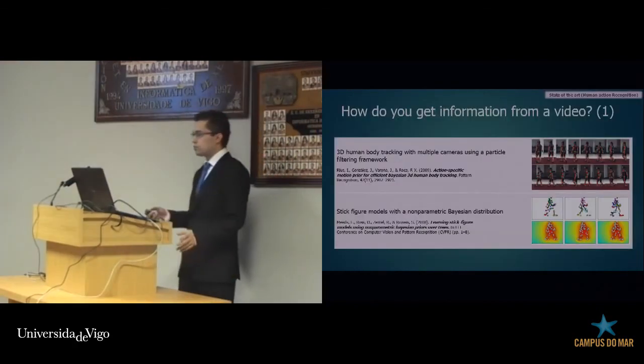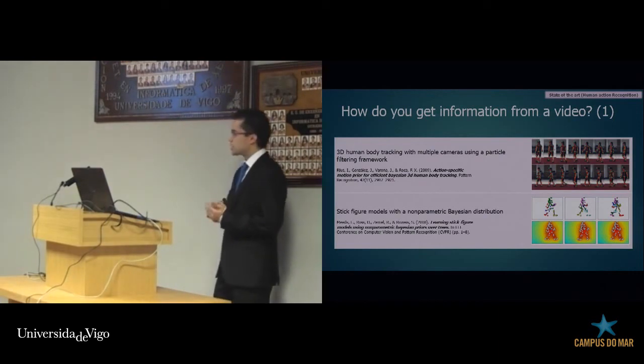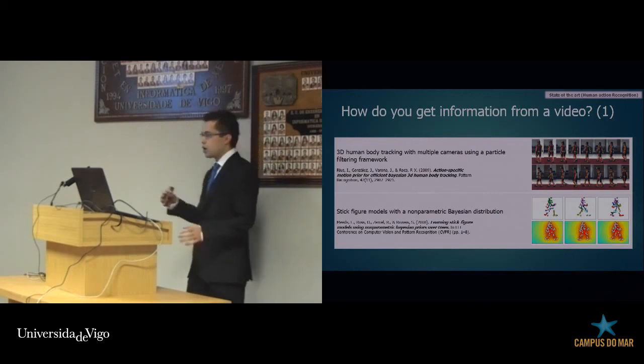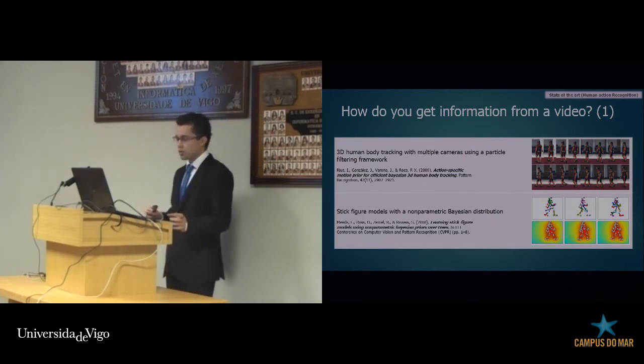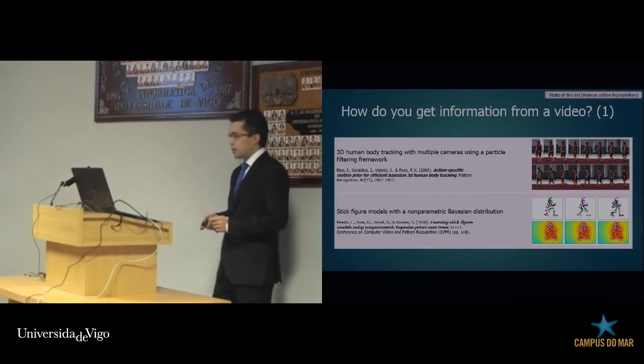I would like to do a brief overview of the state of the art, because there are different important works, so I will only talk about them a bit. For example, the first work is 3D human body tracking with multiple cameras using particle filtering.